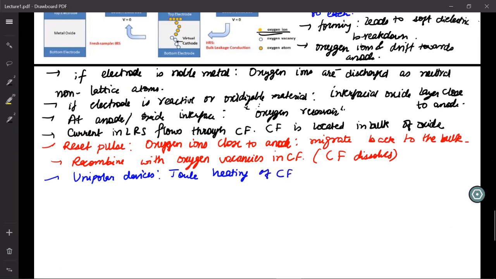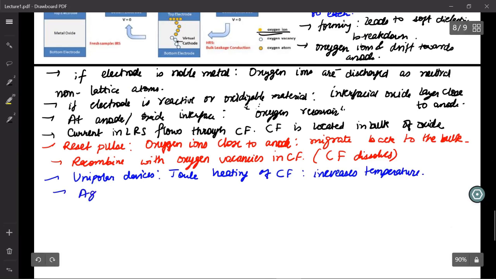It increases the temperature, and once the temperature increases, it aggravates thermal diffusion of ions.